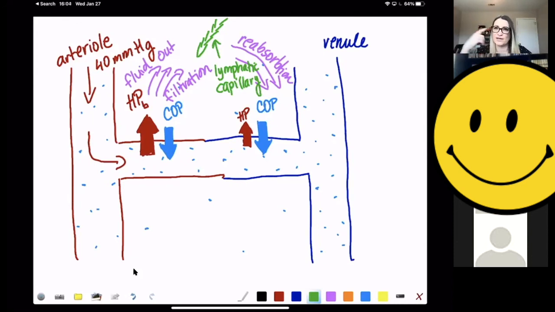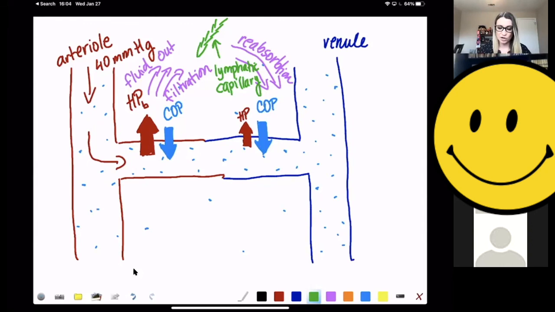The reason for this is that our lymphatic system scans for any signs of infection or anything that shouldn't be there, so that we can initiate an immune response against it. The lymphatic capillaries continuously take samples of the interstitial space and our lymph nodes monitor this fluid. We'll be talking a bit more about that in the third unit, in the lymphatic system unit.